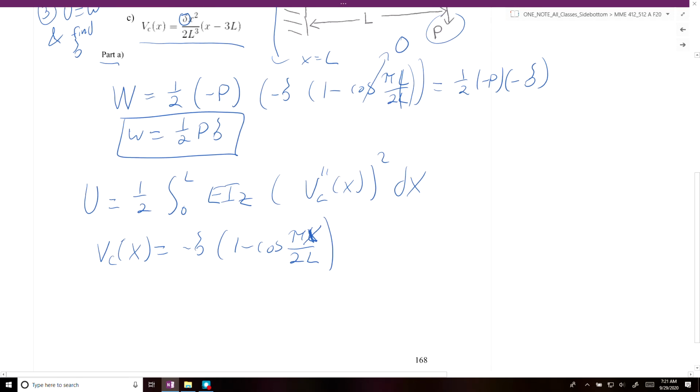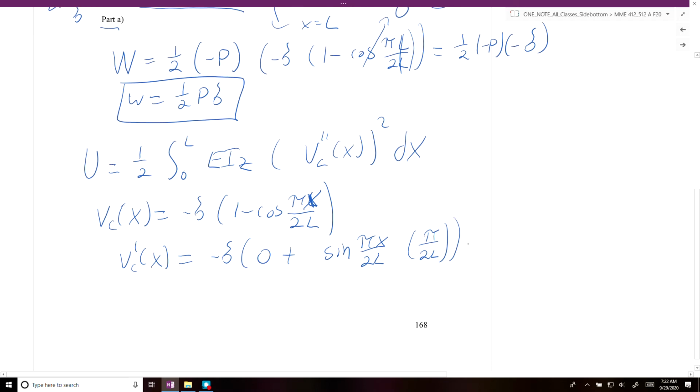So if we take the derivative of that with respect to x, we're going to get minus delta times 0 minus the derivative of cosine, which is negative sine, so we'll get a positive sine of pi x over 2L. Then we have to multiply that by the derivative of the inside term of the sine function, which in this case would be pi over 2L.